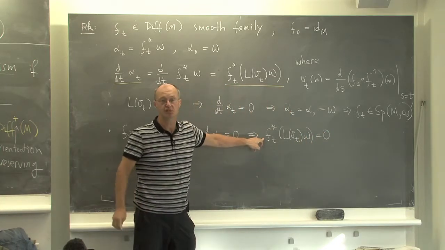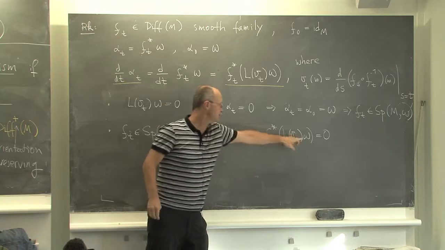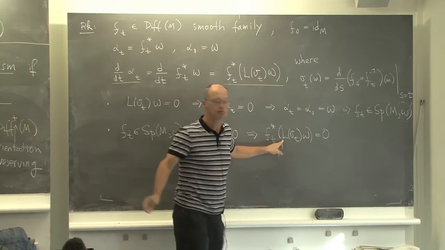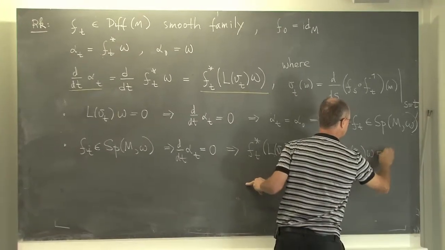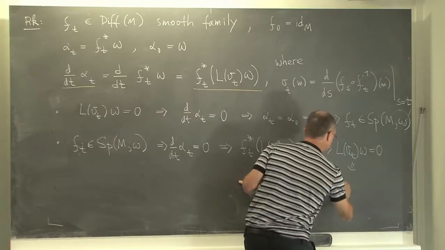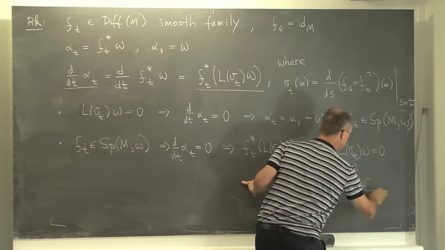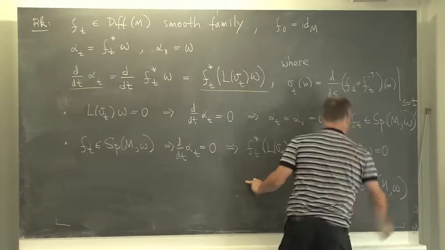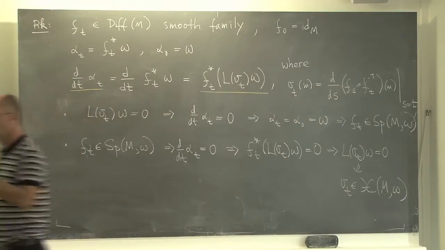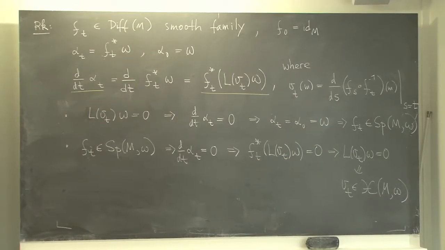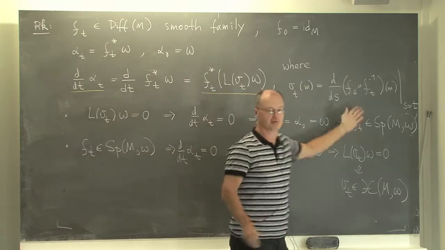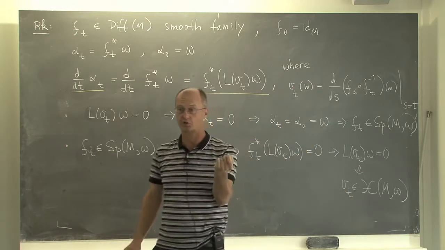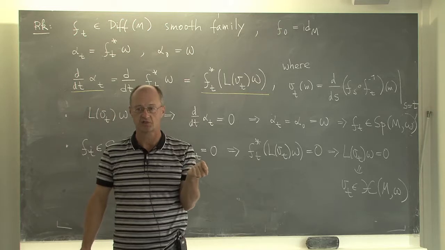But since Ft is a diffeomorphism, if this is 0, L Vt omega is also 0, and Vt is a symplectic vector field. So whenever you have a smooth family of symplectomorphisms, you can differentiate them and you can obtain a family of symplectic vector fields. If you differentiate at one point, you get a symplectic vector field.